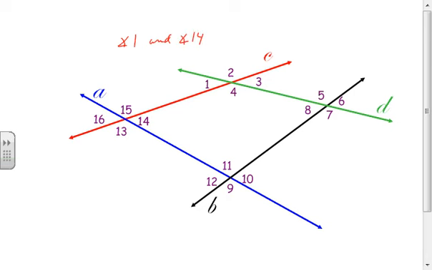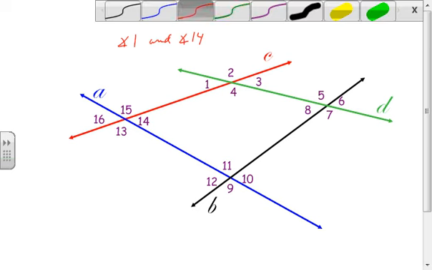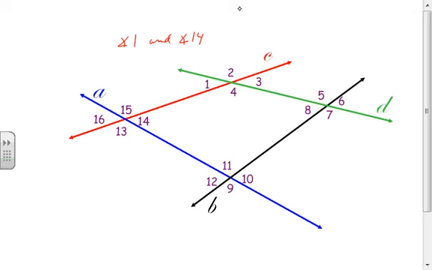Okay, but what is angle 1 if I'm using D as the transversal? If I'm using D as the transversal, then angle 1 is an exterior angle now, right? And D is a transversal, 1 is on the outside of C.